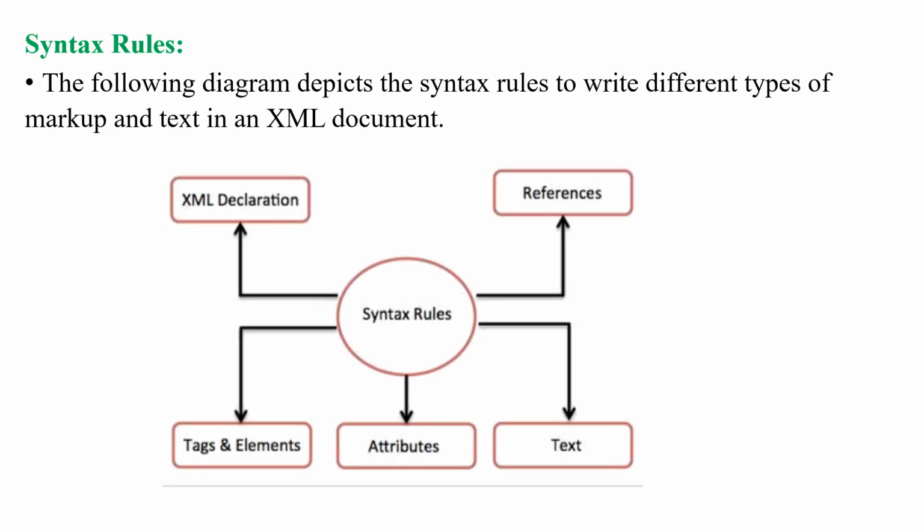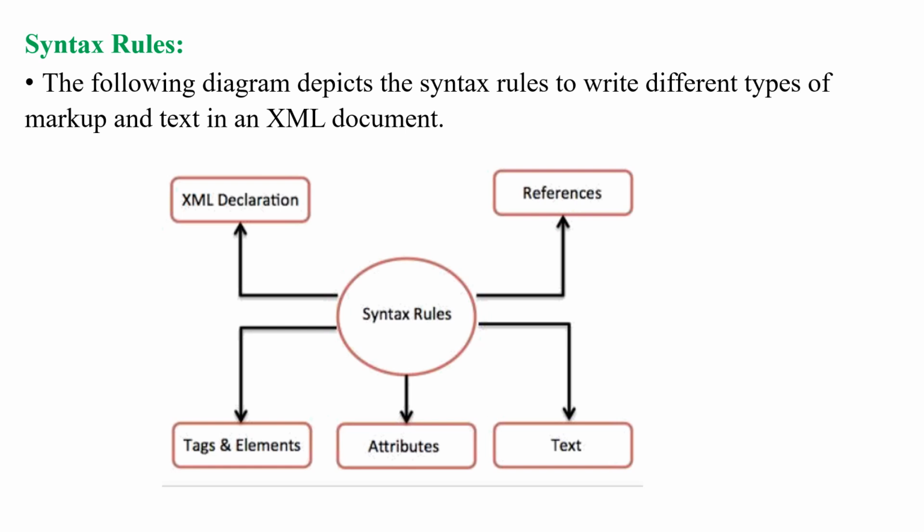For defining the XML code, there are certain rules to be followed. The following diagram depicts the syntax rules to write different types of markup and text in an XML document. The first one, XML declaration, is very important.